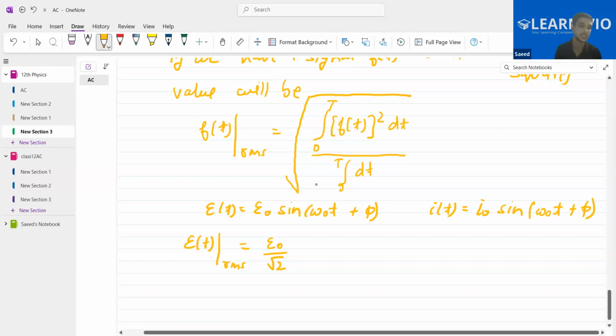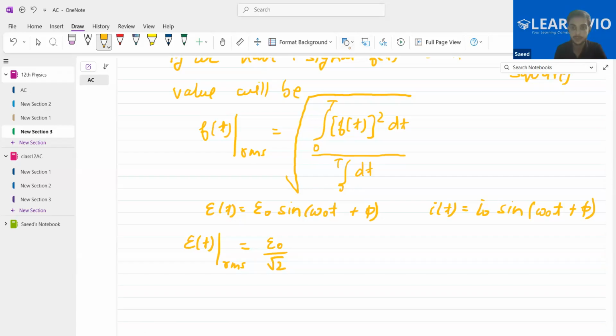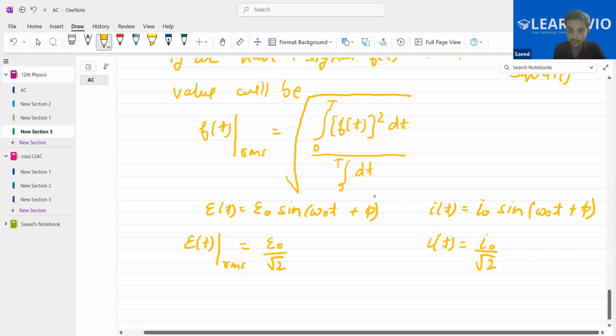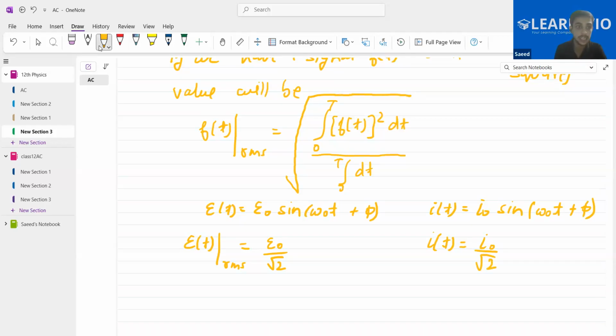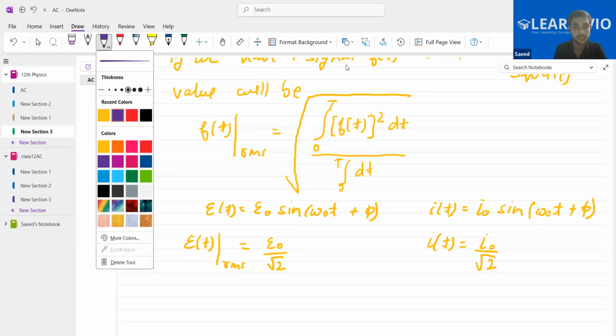This is the most important thing: the maximum value divided by root 2. And the RMS value for the current will again be the maximum value divided by root 2. This is the nomenclature that everybody uses.